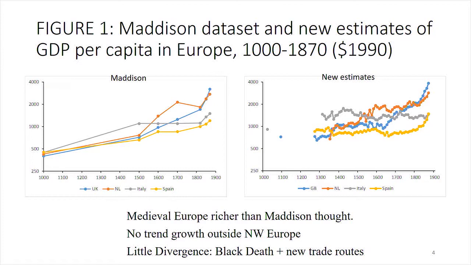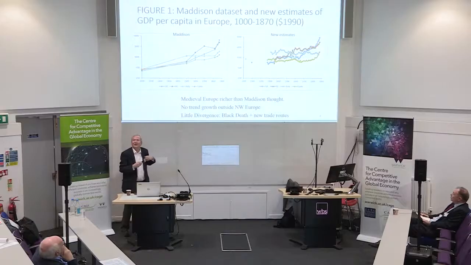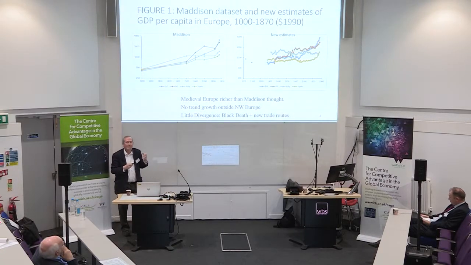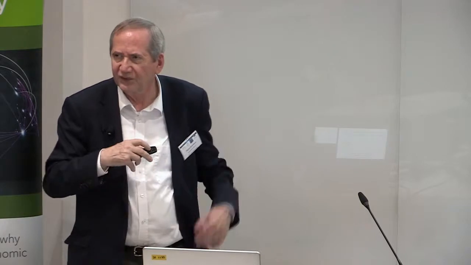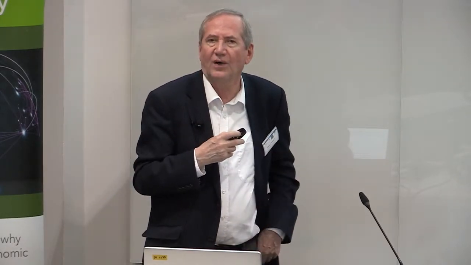And the blue observation around about 1086 is for Britain. That comes from the Domesday Survey. What you'll then see is that because they're starting off at a higher level, growth is much slower subsequently. And indeed, a second feature is that it's rather limited to Northwest European economies.